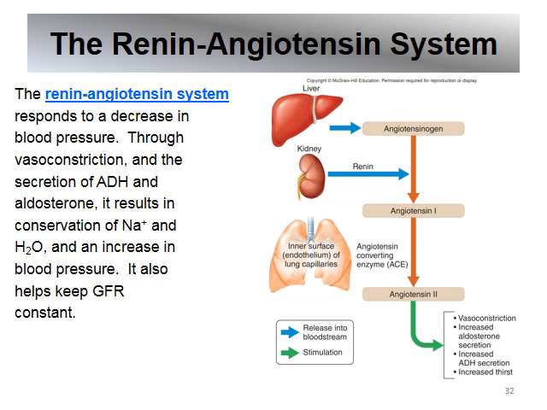And this is going to lead to vasoconstriction, increased aldosterone secretion, increased antidiuretic hormone secretion, and increased thirst. A lot of medications, things like lisinopril, captopril, are what we call ACE inhibitors, so they are going to block this movement from angiotensin 1 to angiotensin 2, thereby reducing blood pressure.